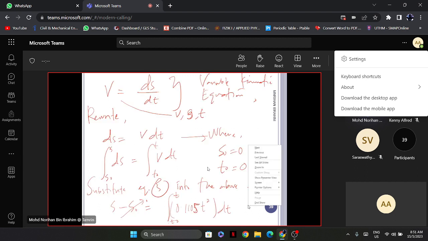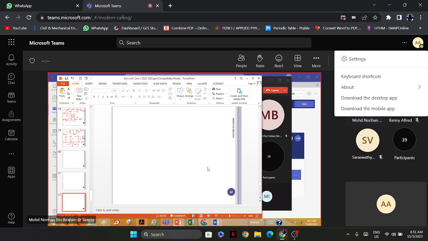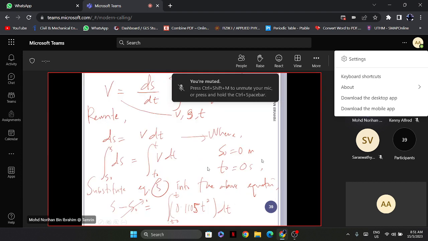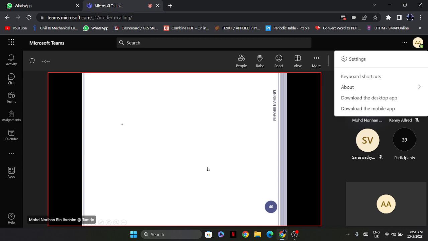Let me add a blank slide again. So we can get s minus s naught is equal to 0.1105 t to the 3 divided by 3, between t naught up to t.